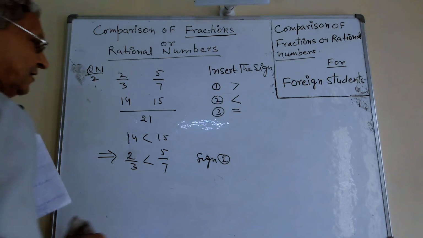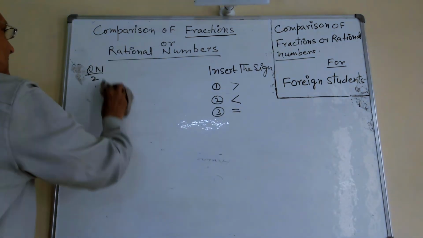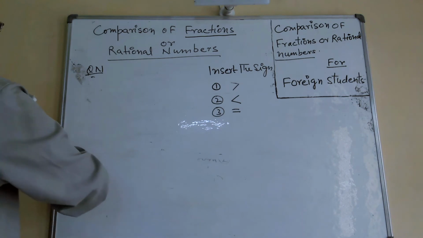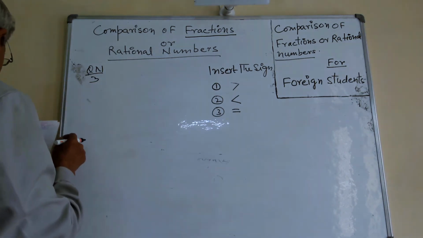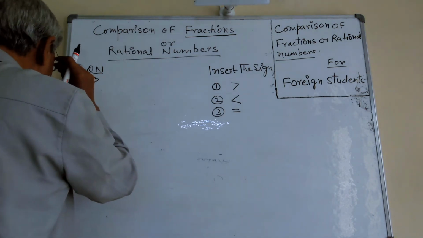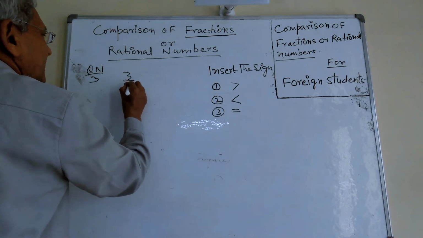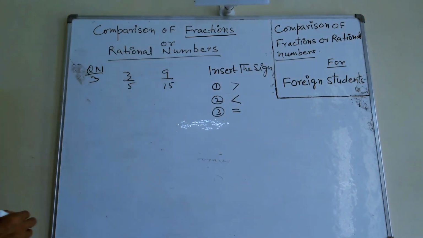Now I am taking the next question. Question third: 3 by 5 and the second fraction is 9 by 15.